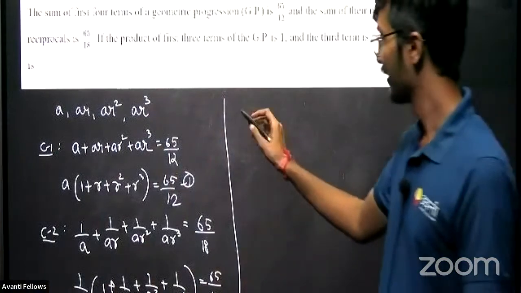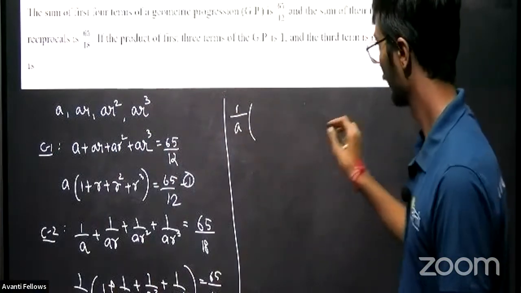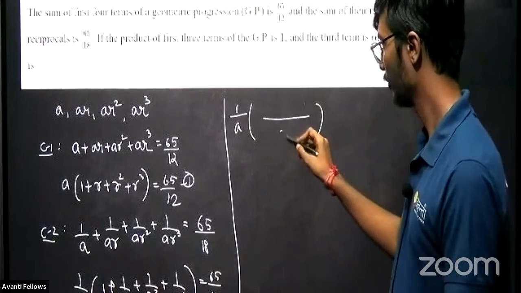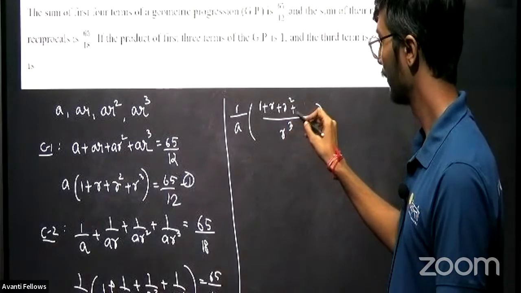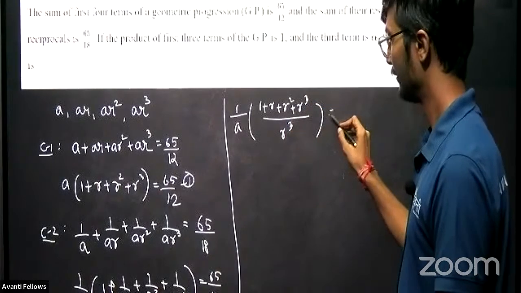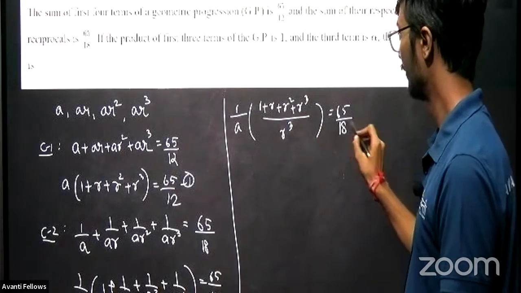So if I take LCM, I'll get 1 upon a. The LCM will be r³, right? I'll get (r³ + r² + r + 1)/r³ is equal to 65/18.